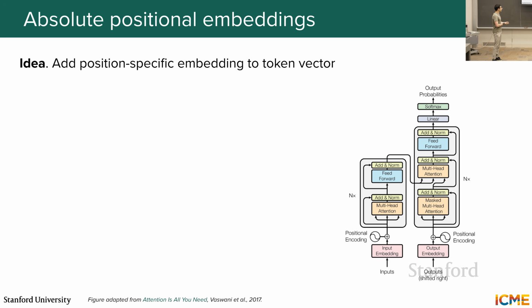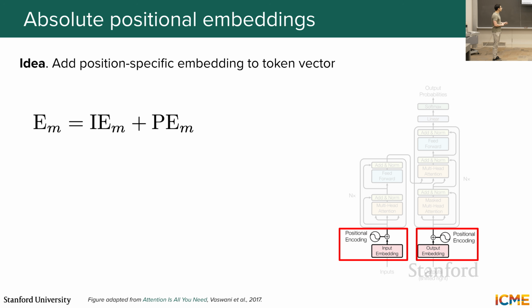And just to write things down, we are going to decompose, as a first approach, the representation of the embedding of a given token with what we call the input embedding, which is whatever representation we already have that is not position specific, and then adding it as an element-wise addition in the vector space, the position embedding.